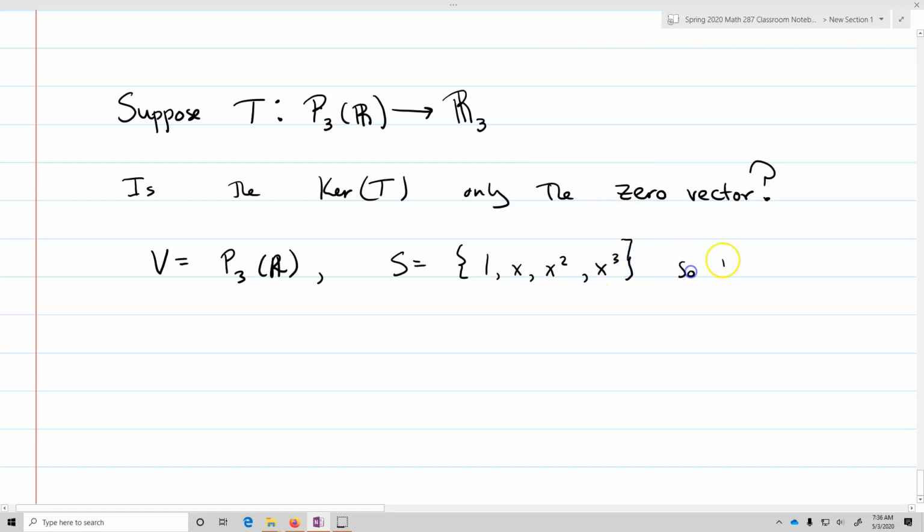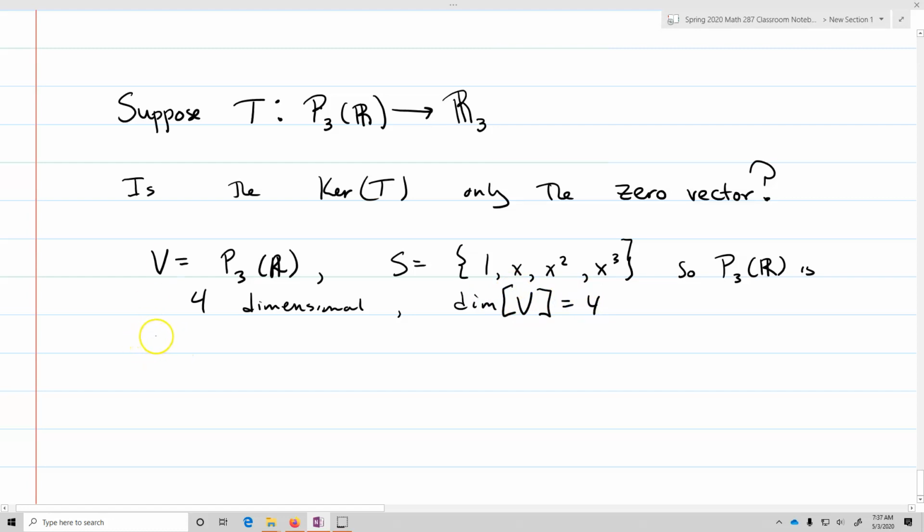So P3R is 4-dimensional. So the dimension of V is equal to 4. Now, here's the thing.